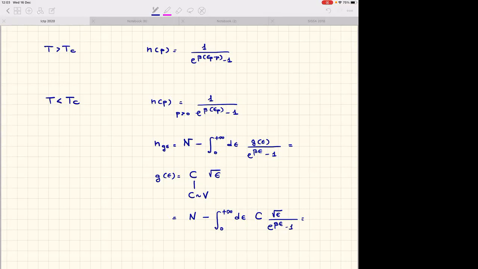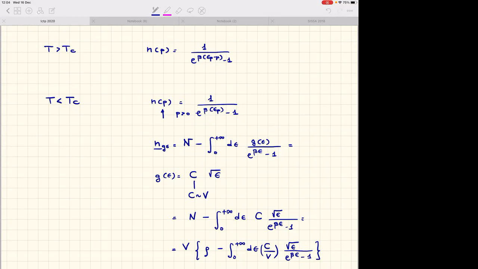And now let me collect the volume. So this is volume times the density, minus the integral between 0 and plus infinity d epsilon c over the volume, which is another constant c that is not dependent on the volume anymore, square root of epsilon over e to the beta epsilon minus 1. So you see, while for all momenta greater than 0, the occupation is just a number, for the ground state, P equals 0, the occupation is something that scales with the volume.